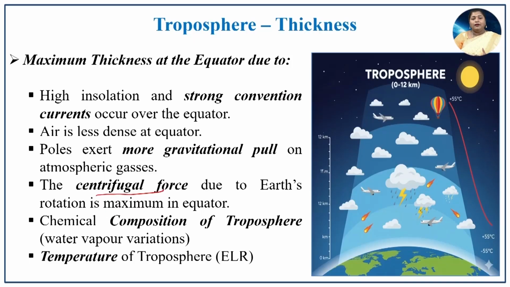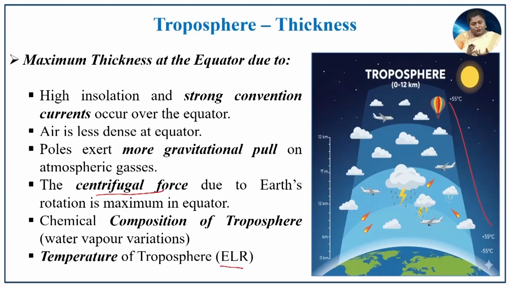The chemical composition of the troposphere, that is a high quantity of water vapor variation, will be found at the equator. This is one of the major factors, and the temperature of the troposphere, that is the ELR, the environmental lapse rate or normal lapse rate. So, due to these reasons, the troposphere is thick in the equatorial region.